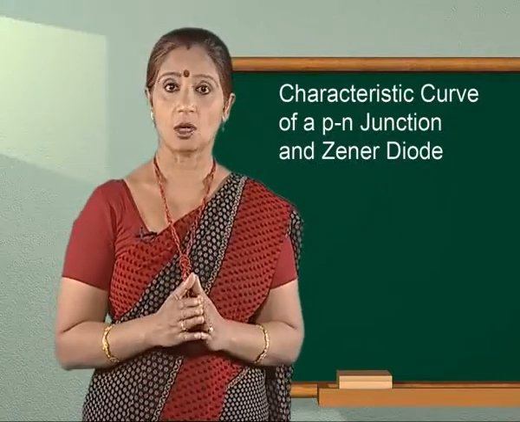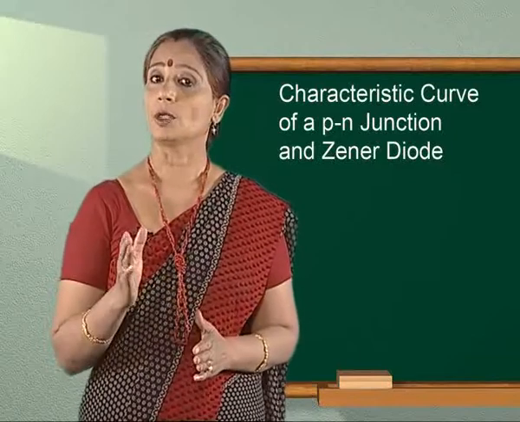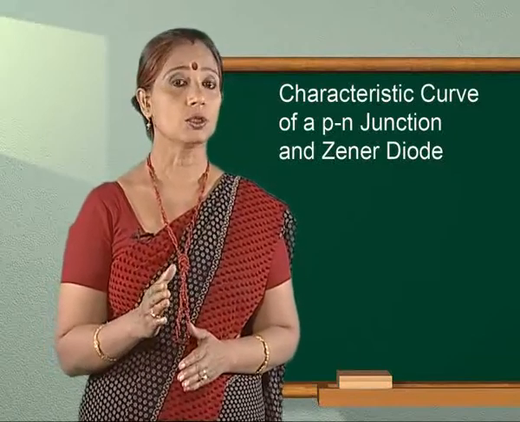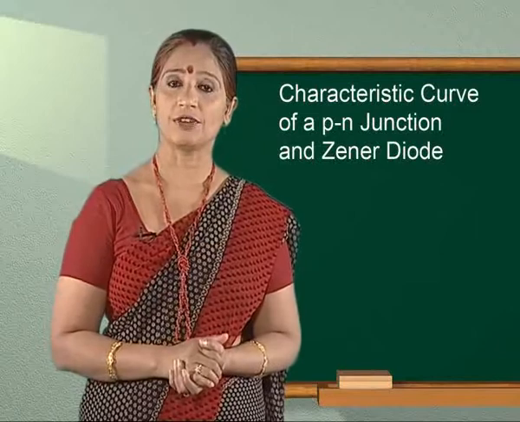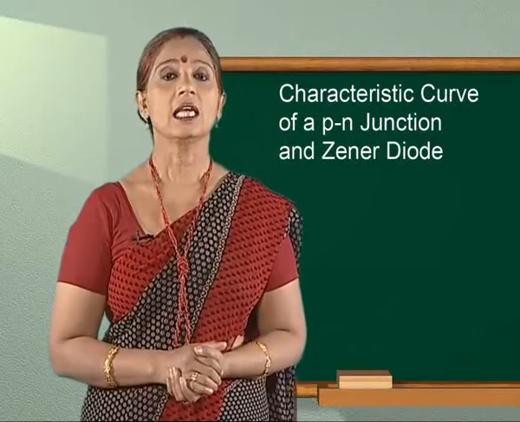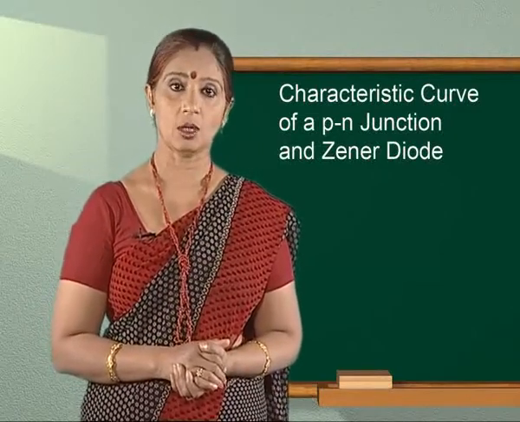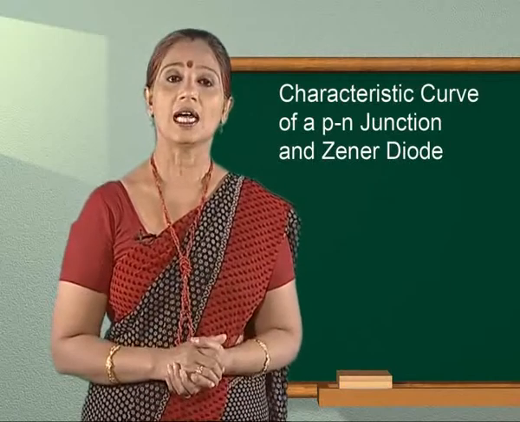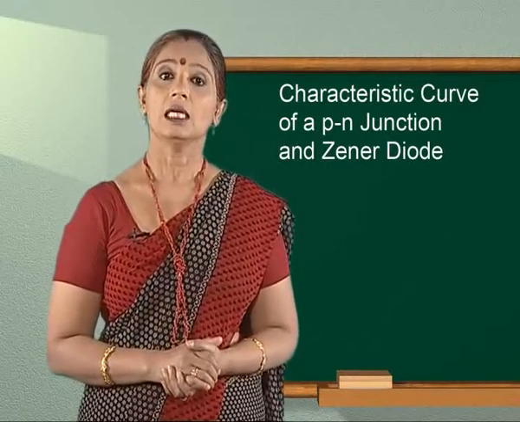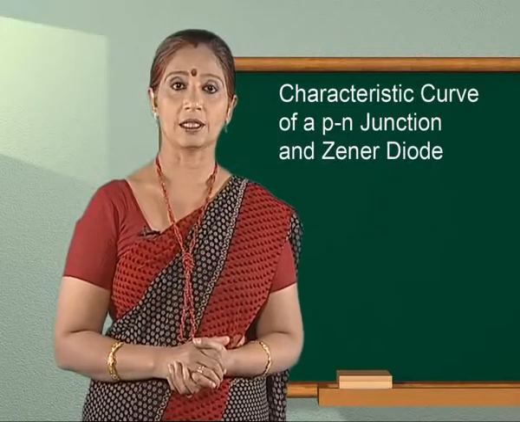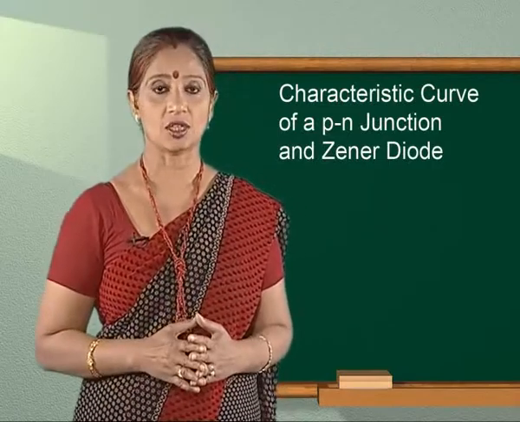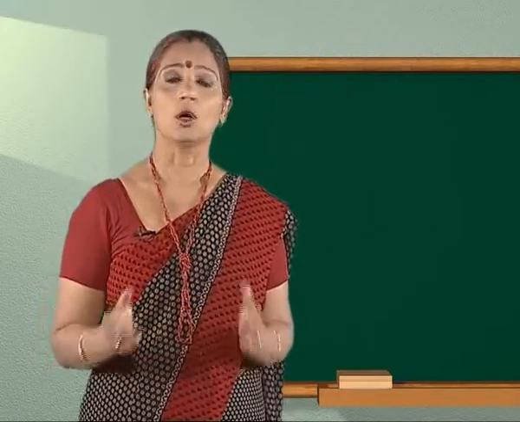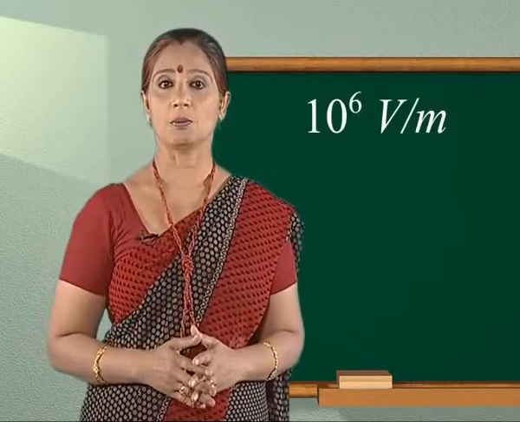The emission of electrons from the host atoms due to the high electric field is known as internal field emission or field ionization. The electric field required for field ionization is of the order of 10 raised to the power 6 volt per meter.